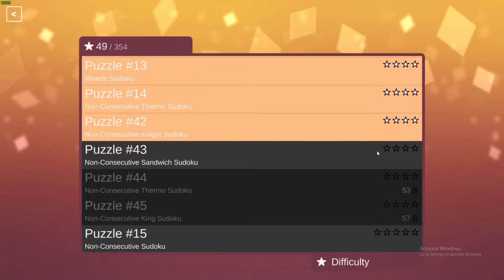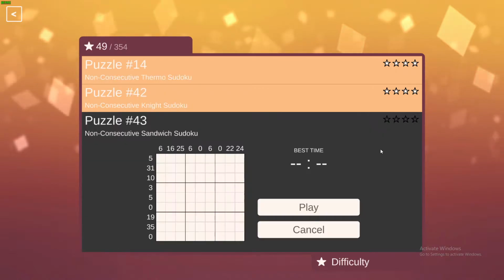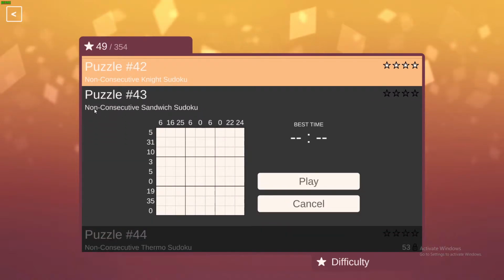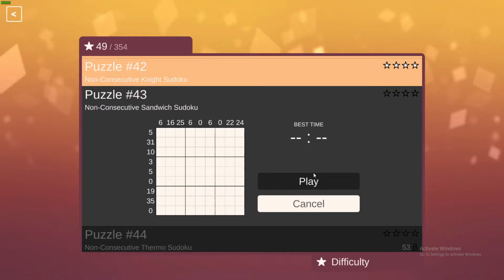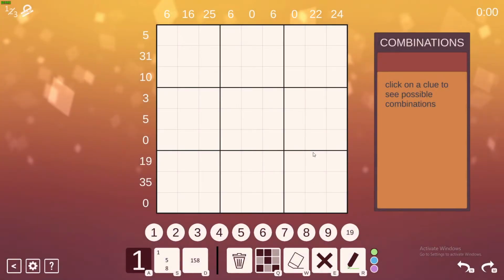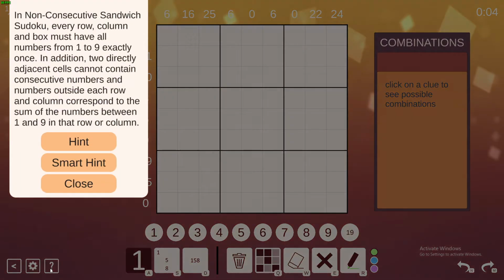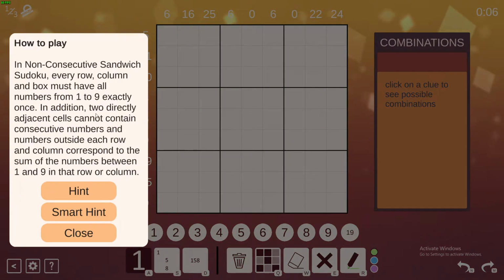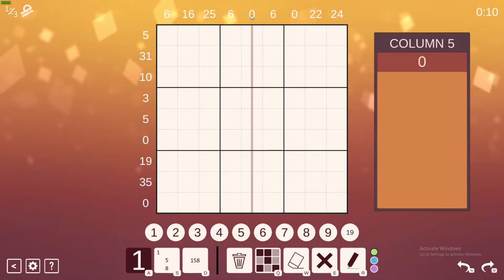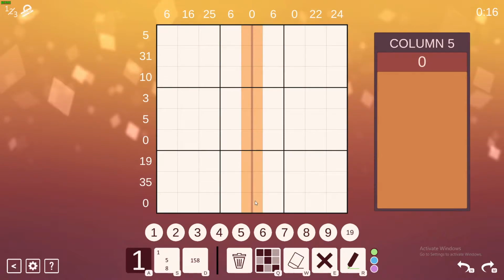So we're on a 4-star level right now. It looks like we have a non-consecutive sandwich Sudoku. So if you don't know the rules on this, I can explain them. This help says what it is, but these clues up here indicate the sum of the numbers between 1 and 9.